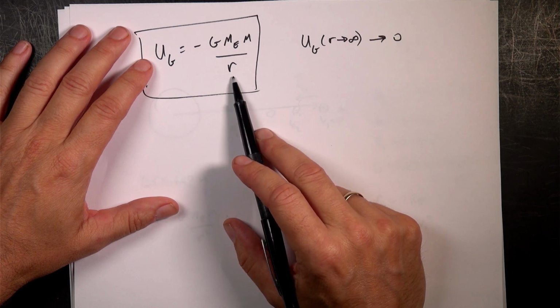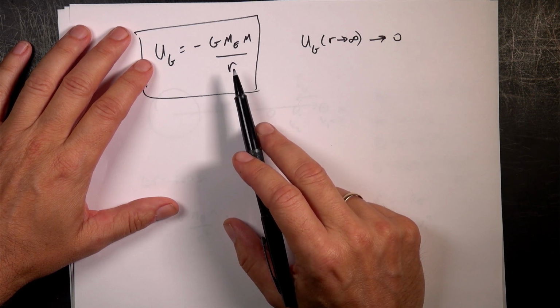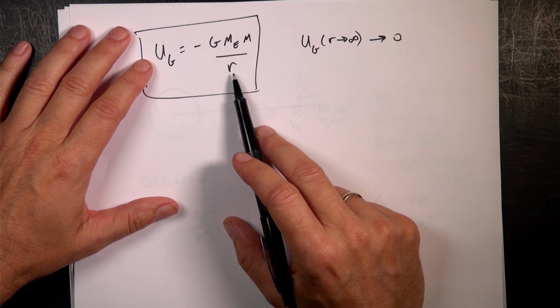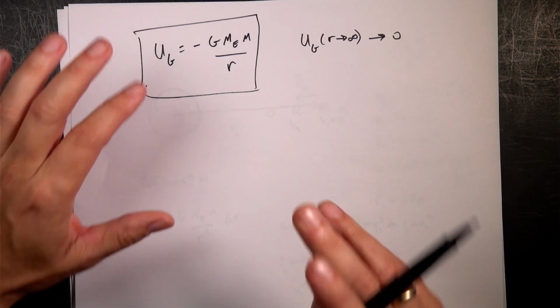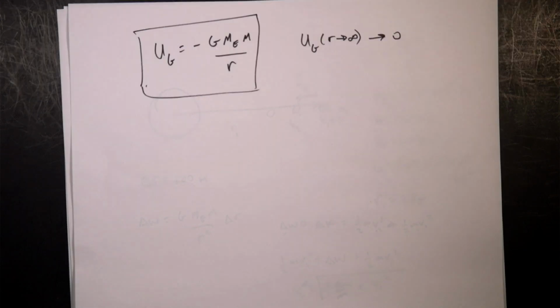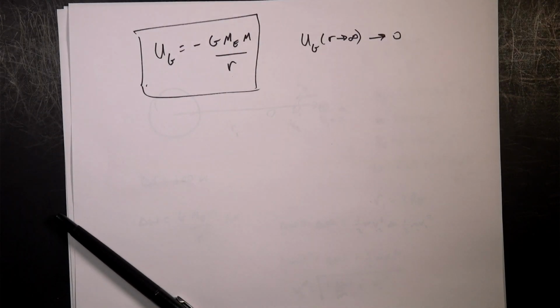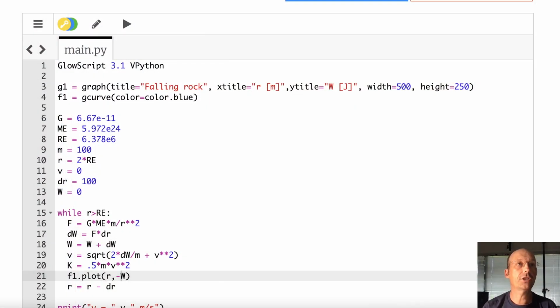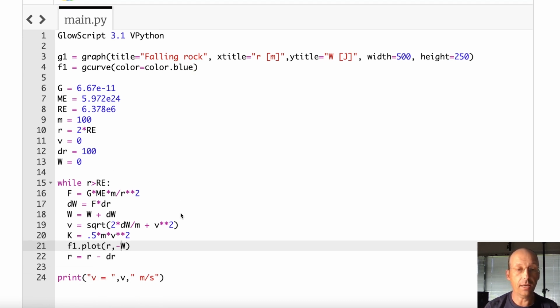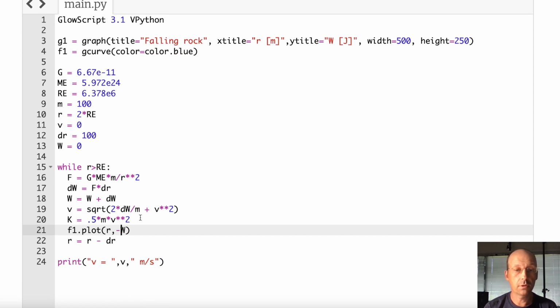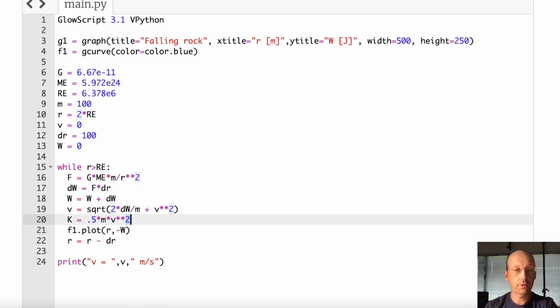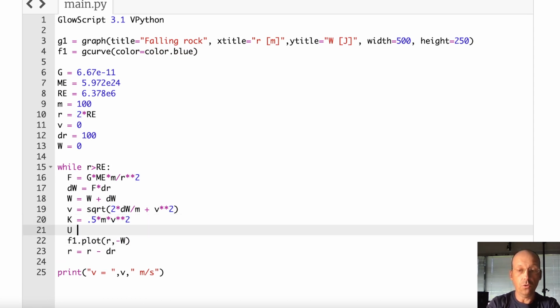I'm going to make another plot of the negative work, and I'm going to calculate this equation like this, and then I'll show you something important. Okay, so over here, I'm going to say U equals negative G times mass of the Earth times M over R. And now what if I plot that?